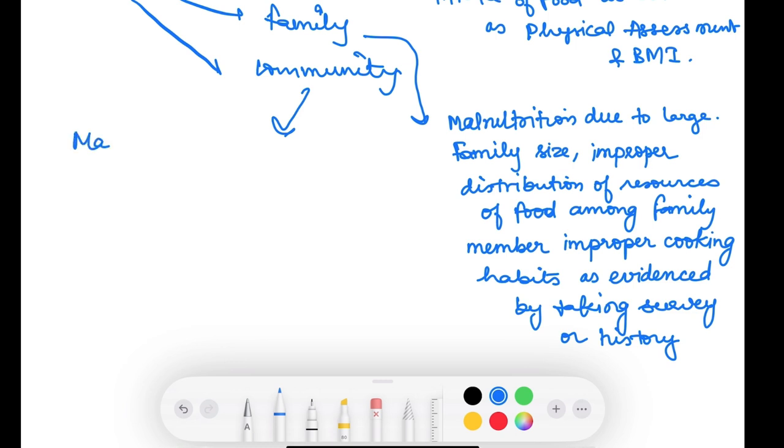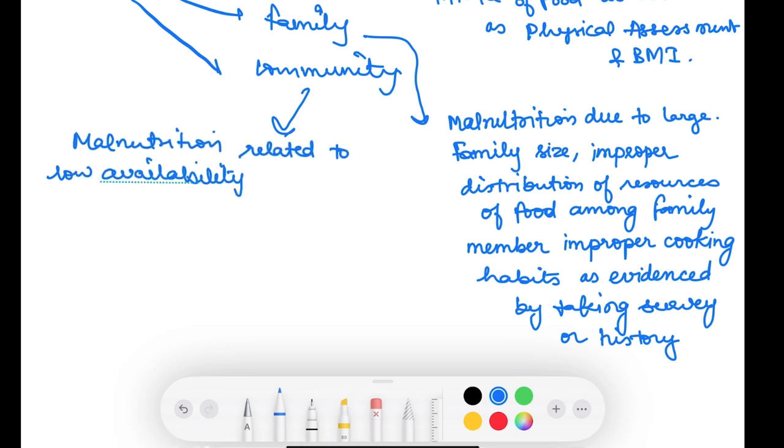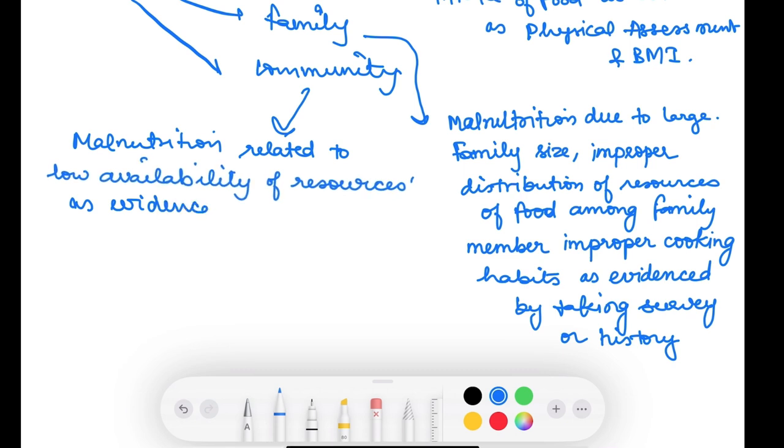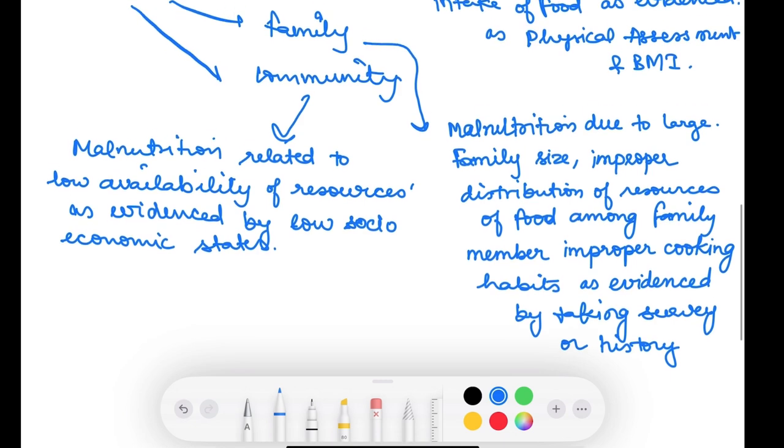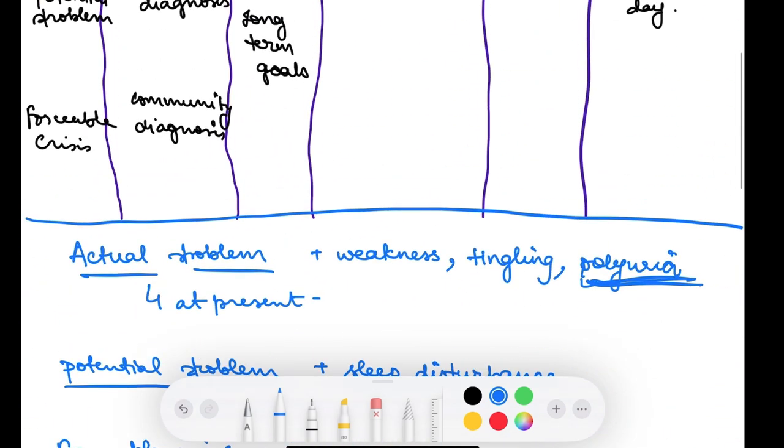So malnutrition related to low availability of resources, as evidenced by low socio-economic status. Get it? So that's about our community diagnosis.